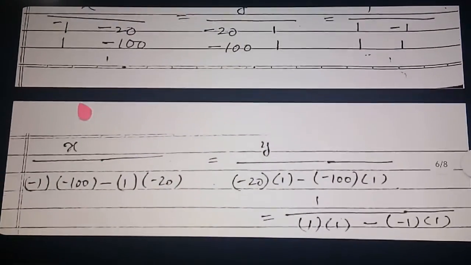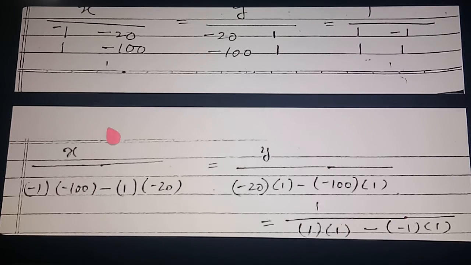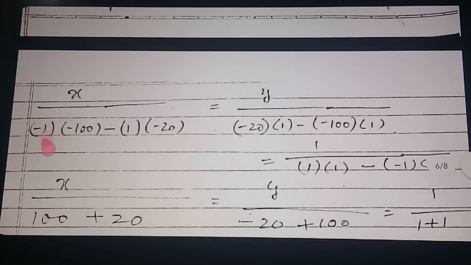Multiply then. Minus 1, minus 100. Here the middle sign is minus. 1 into minus 20. Here again, minus 20 into 1, minus 100 into 1. Okay. Here 1 into 1, minus 1 into minus 1. Clear now? Now here 2 minus, so plus.